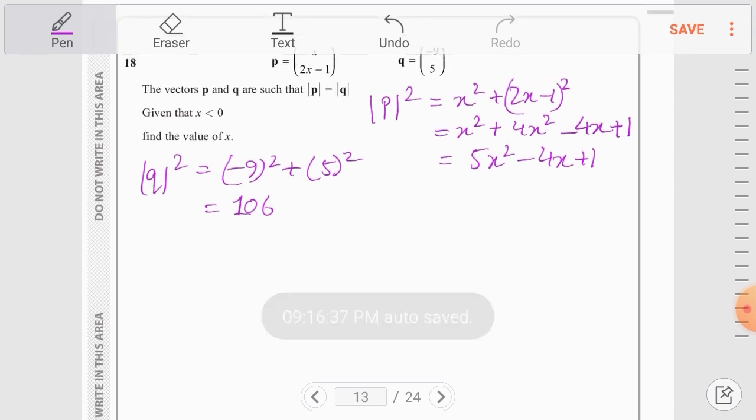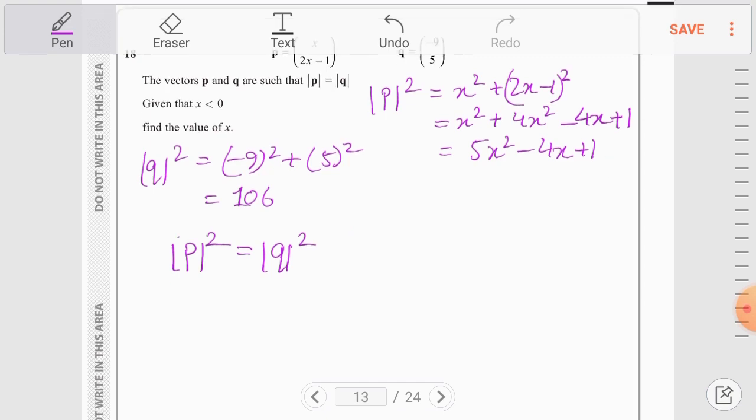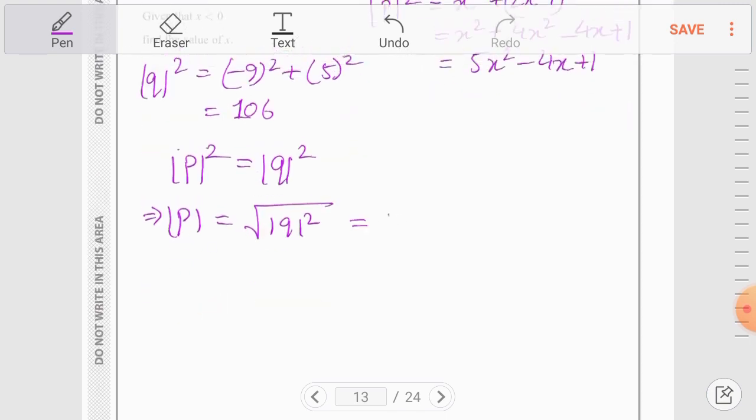And now we are going to make an equation like p square modulus is equal to q square modulus. And if I take the square root of both sides, it would look like p modulus root over q modulus square. As we already know that root over modulus square means something to the power half, so the powers would get cancelled out and we'd get p modulus is equal to q modulus.